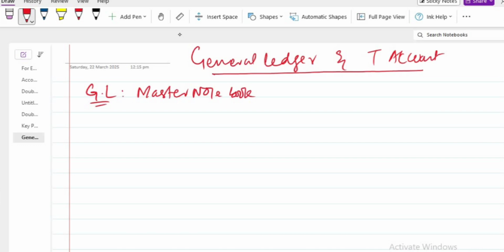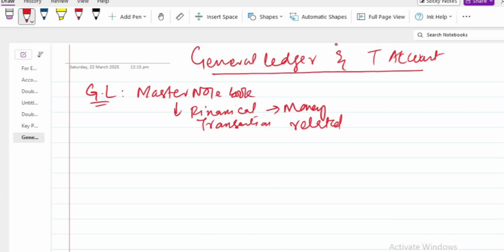It is where every money-related activity gets recorded and organized. By financial transaction, I mean money related.